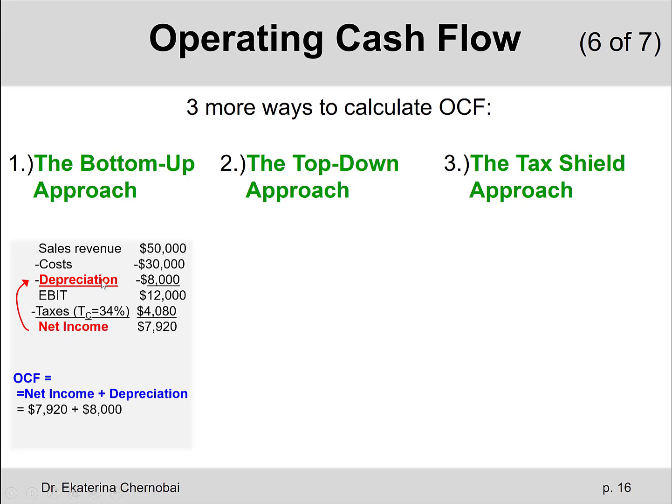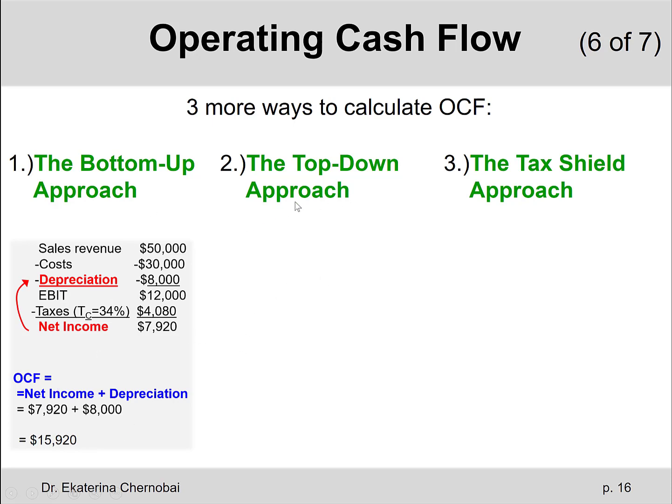Net income plus depreciation. In the example we just looked at, that would be $7,920 in net income plus $8,000 in depreciation. This gives us $15,920, the same number we found on the last slide.